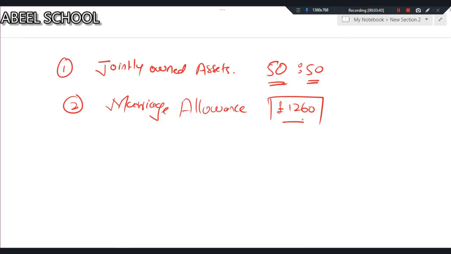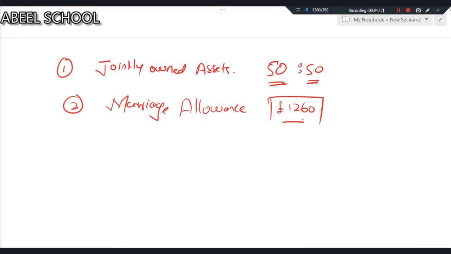Actually, if from husband and wife, one of them has income so less that they could not use the entire personal allowance, then that partner should transfer 1260 of his or her personal allowance to the other partner, who can use their own personal allowance as well as this 1260. So claiming marriage allowance means you are just transferring the personal allowance of 1260 to another partner.